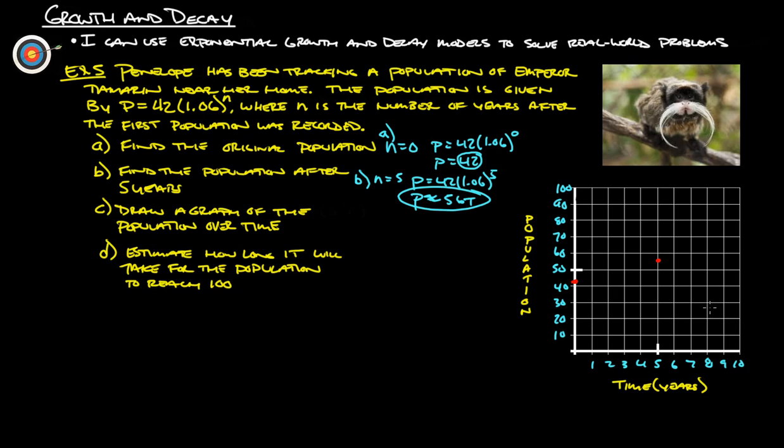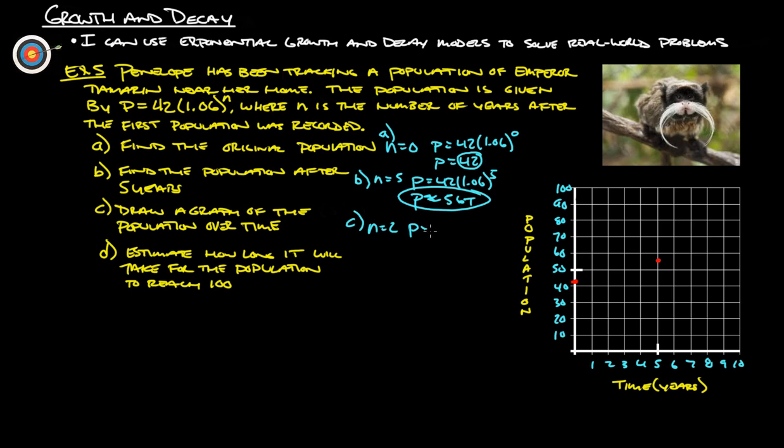Okay, draw a graph of the population over time. Okay, so now this is an exponential, so we're going to probably want to come up with a few more points in here to see what's really going on. So let's maybe plug in, say 2 here. So C, let's just try some more. Let's say if n equaled 2.